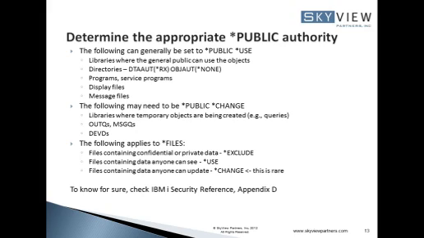So you don't care if it's downloaded to a spreadsheet, you don't care if it's used for an FTP transfer, you just want to make sure that it is accurate and all changes come through the application. That's an appropriate time to use public authority of use.